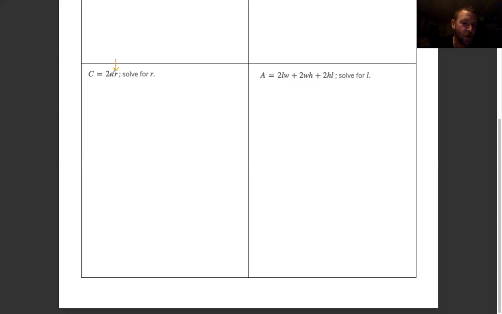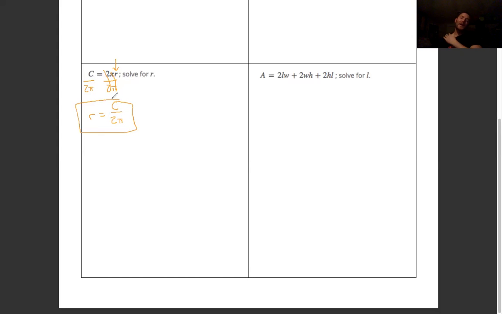Well, if I'm multiplying by 2 pi, the opposite would be divide. So I'm going to divide by 2 pi. And I get R is equal to, since that crossed off, C divided by 2 pi. That's it.